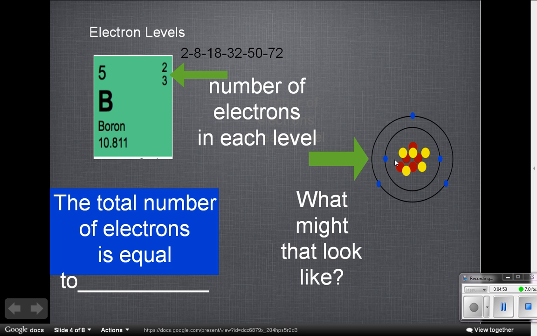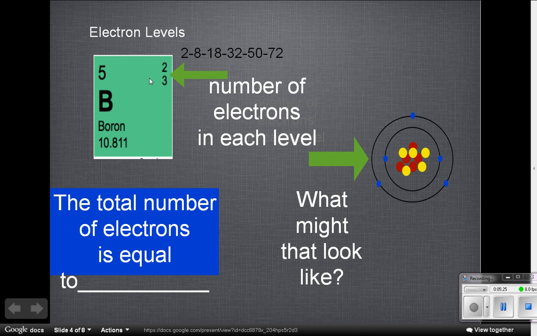Electrons are these extremely small particles that are buzzing around the protons and neutrons. Okay, so as they are buzzing around, there are levels, and these levels have a certain number of electrons that can go into them. Up here you will see that number.